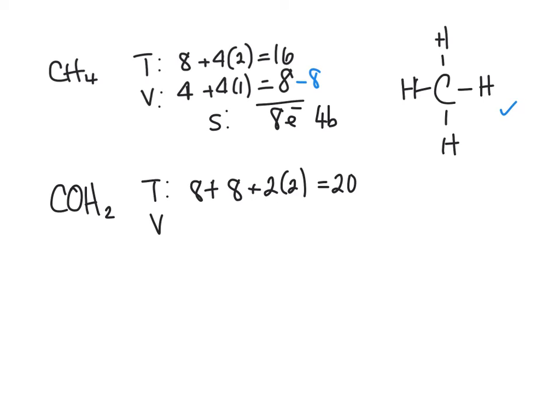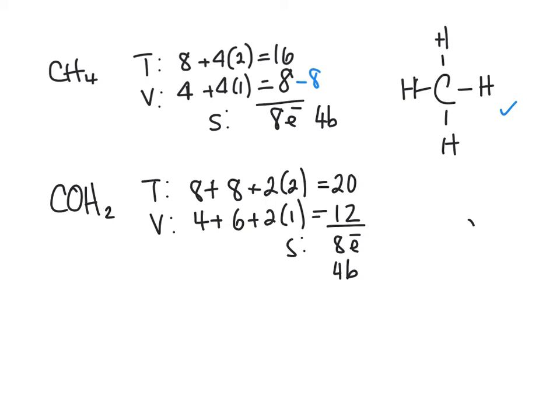Valence electrons. Carbon brings 4. Oxygen brings 6. 2 hydrogens bring 1 each, for a total of 12. So when you subtract these, you get the shared. So 8 electrons are shared, or there's 4 bonds.